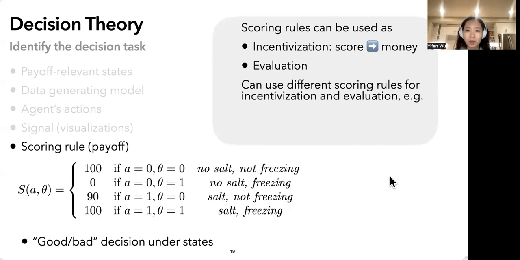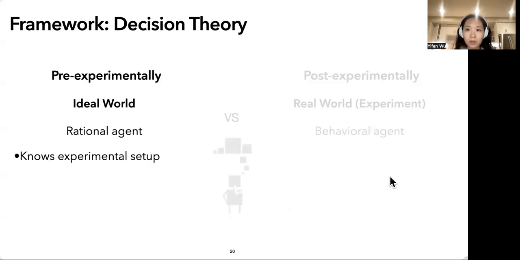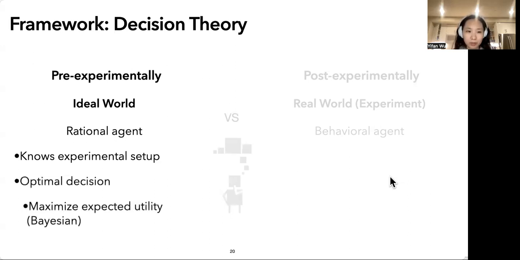So for example, the principal can use different scoring rules for incentivization and evaluation. Like for incentivization, just count the number of tasks the participant has finished, that is flat payment. Or for evaluation, use, for example, a quadratic scoring rule. So in our framework, the rational agent knows the experimental setup and makes the optimal decision through standard utility maximization theory.